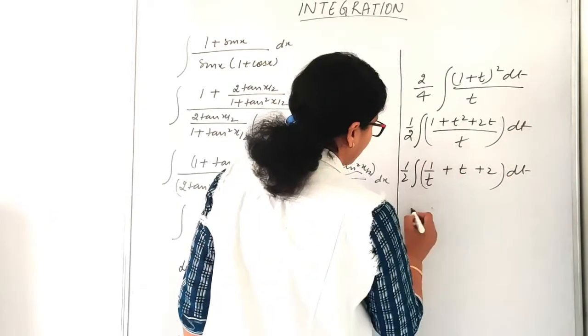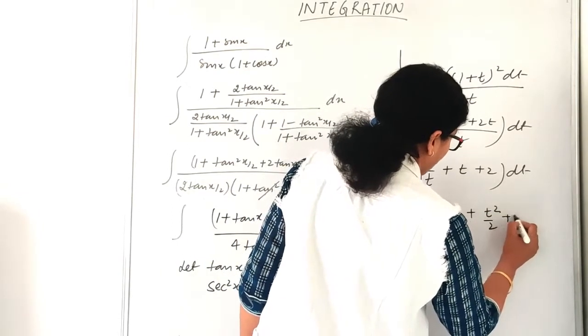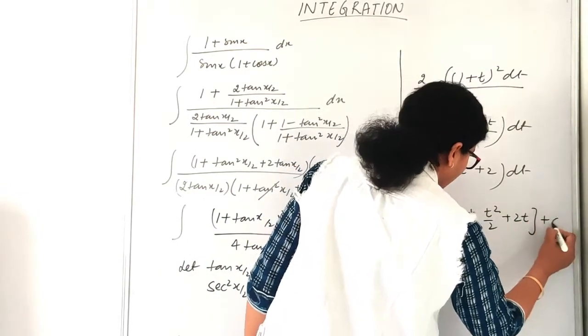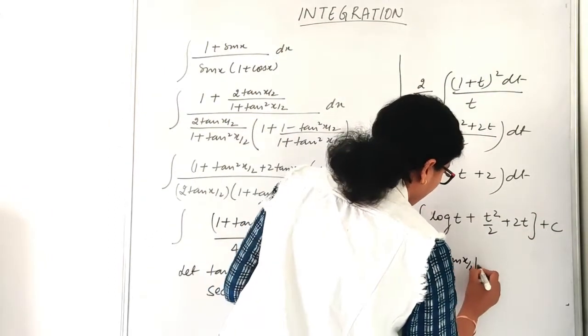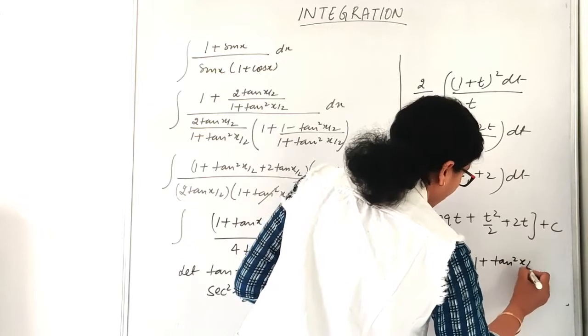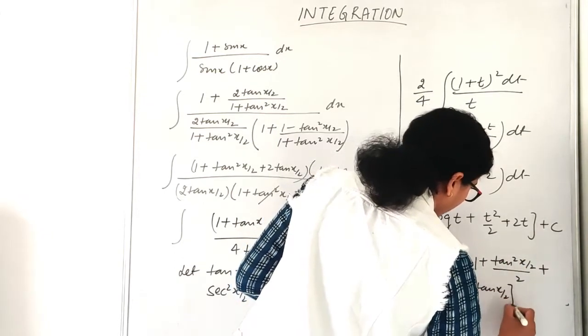Now integrate it: log t plus t square by 2 plus 2t plus c. So let us substitute the value of t now. So log tan x by 2 plus tan square x by 2 upon 2 plus 2 tan x by 2 plus c.